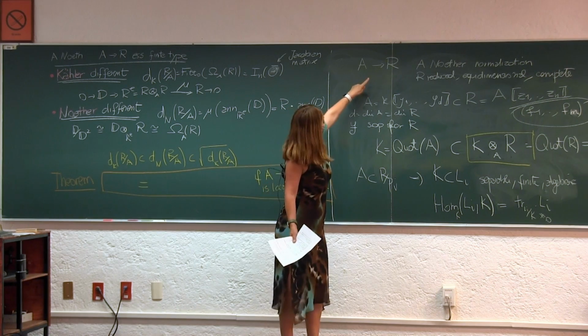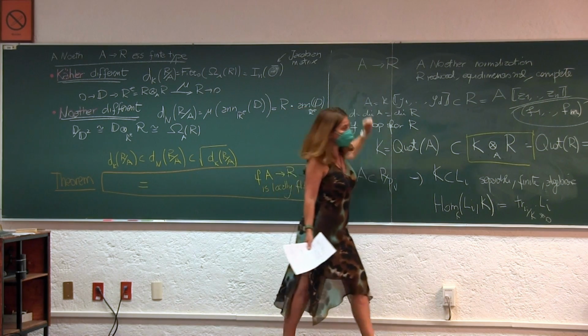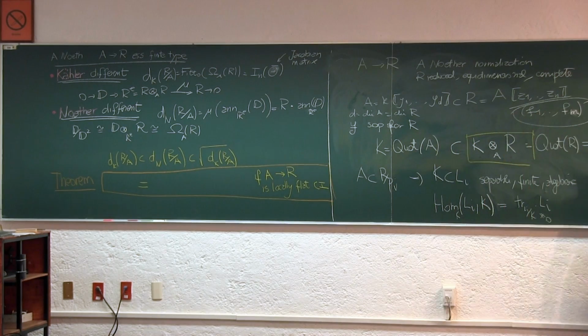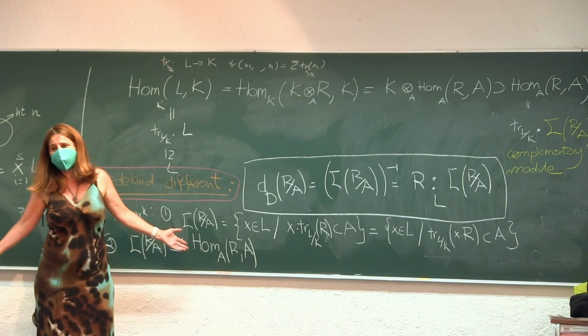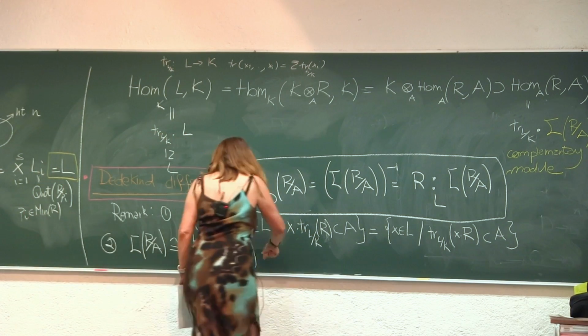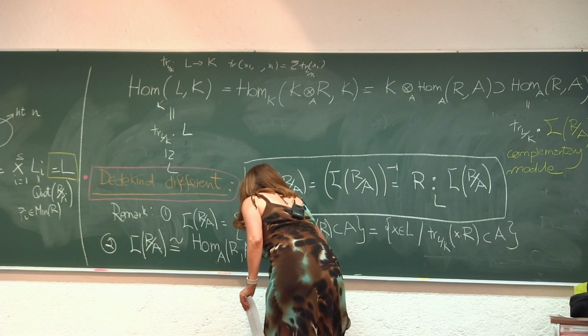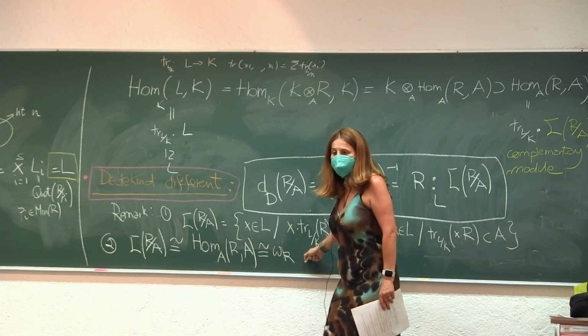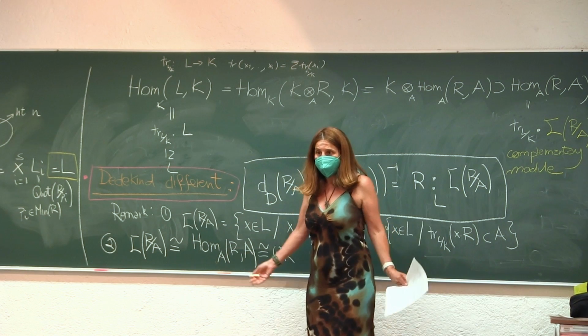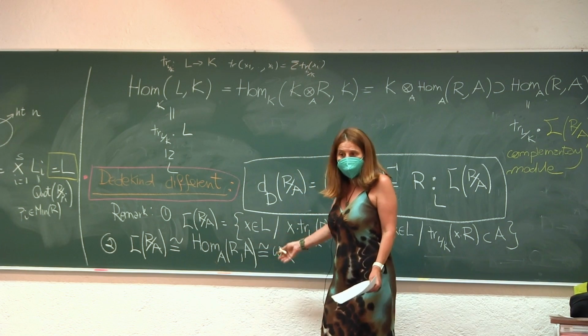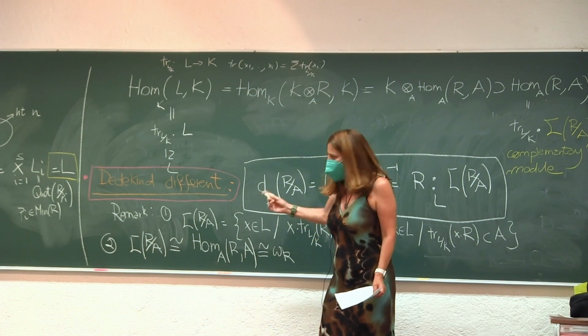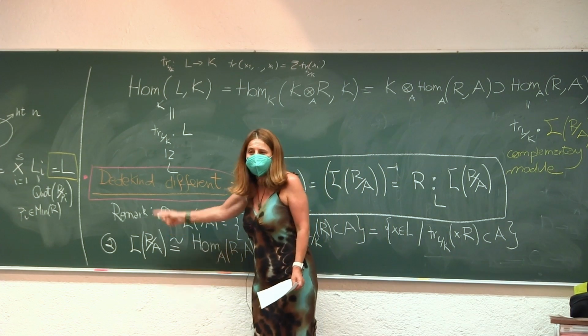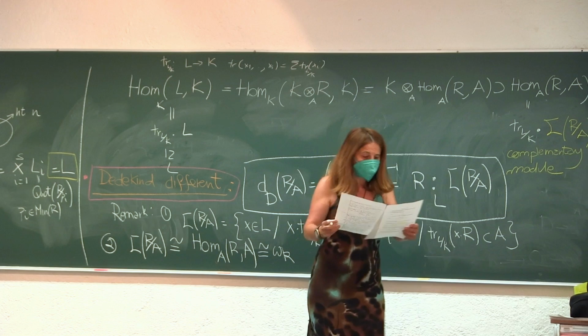A is not a polynomial ring, but a power series ring. So A is Gorenstein, because it's regular, no? The dimension of R is the same as the dimension of A. So this Hom, since A is Gorenstein and R and A have the same dimension, is the canonical module of R. That's why you get the canonical module of R.